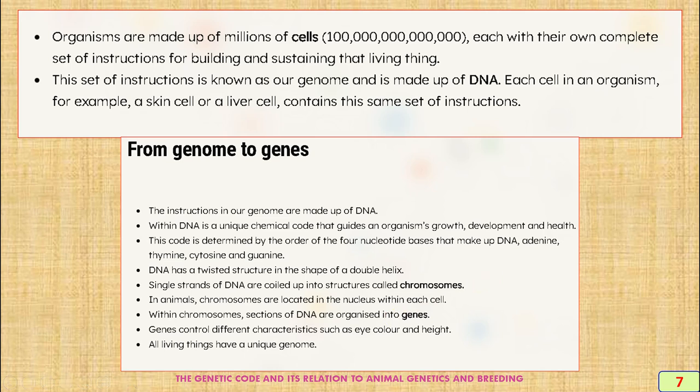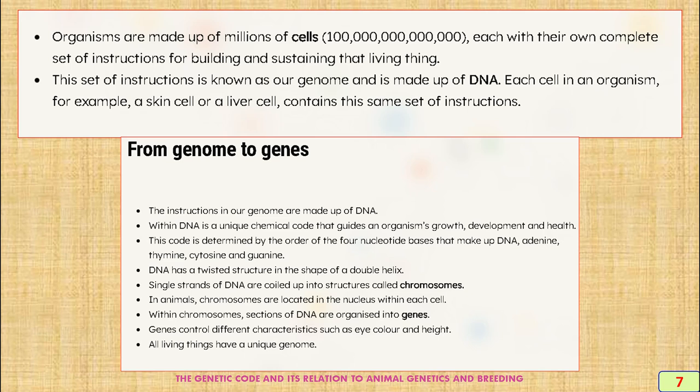DNA has a twisted double helix structure, and strands of DNA are coiled up to form structures called chromosomes. So a single strand becomes double, and its coiling is called a chromosome.